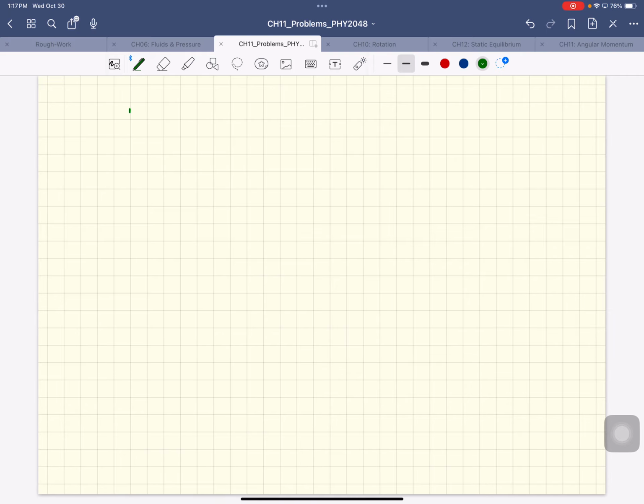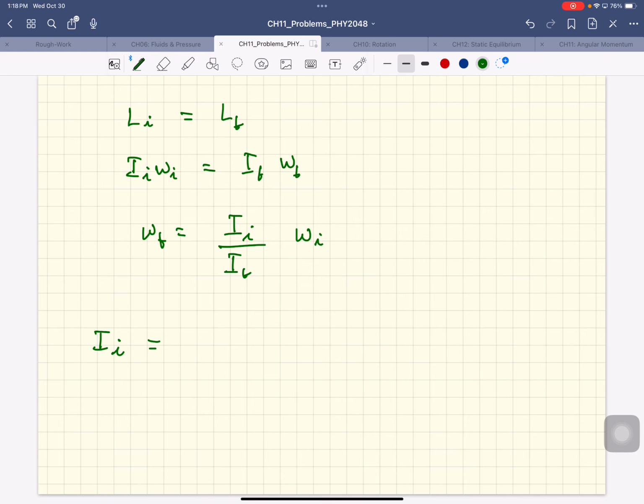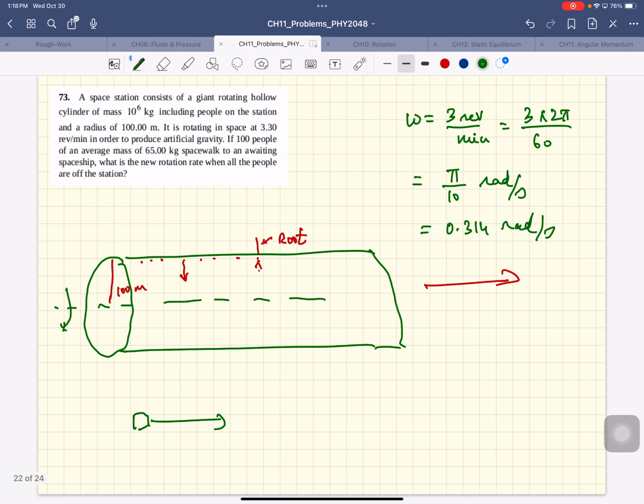So initial angular momentum is final angular momentum: I initial omega initial equals I final omega final. Omega final is what we're calculating: I initial over I final times omega initial. What is I initial? I initial is the moment of inertia of the space station plus all those people on the rim.